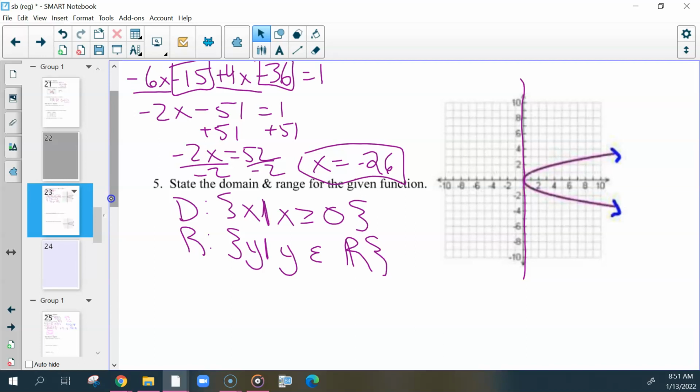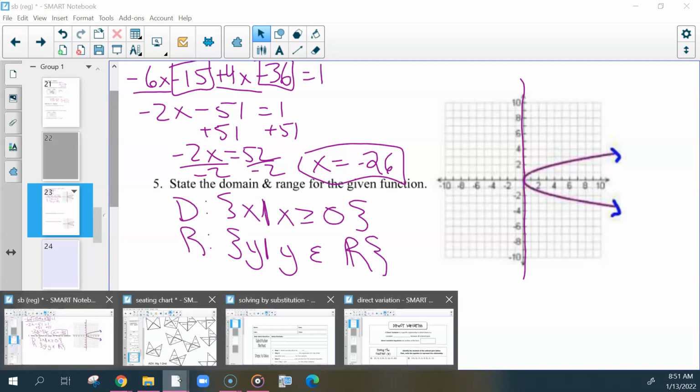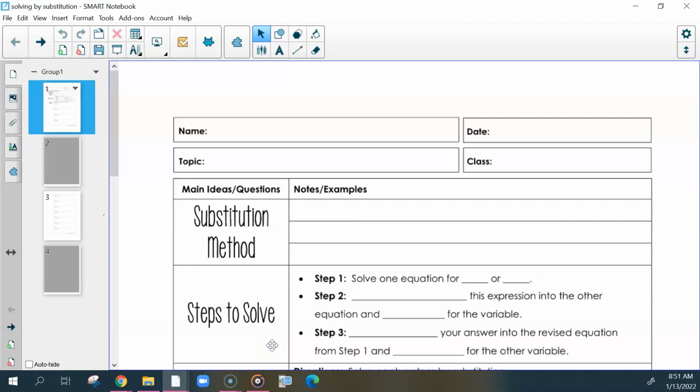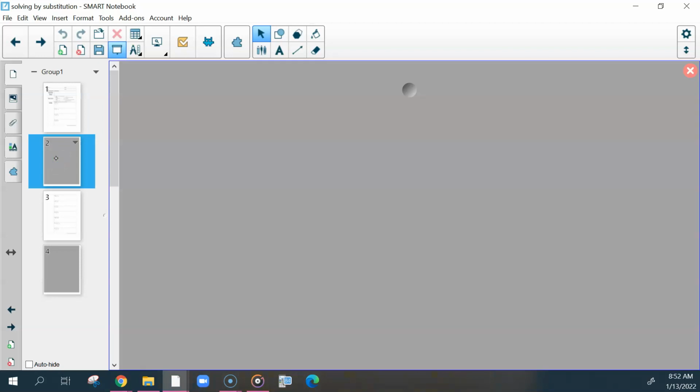So we're going to start that here in a second. I'm going to pull this down so you guys can fill this out first. Then I'm going to talk to it as you're writing it down.